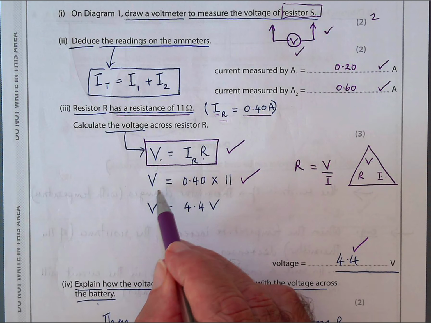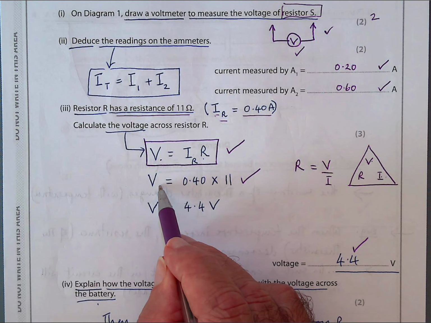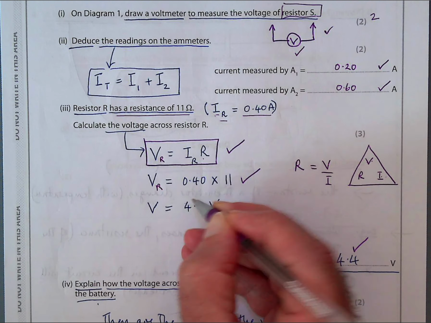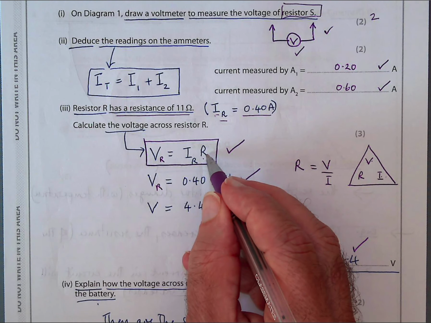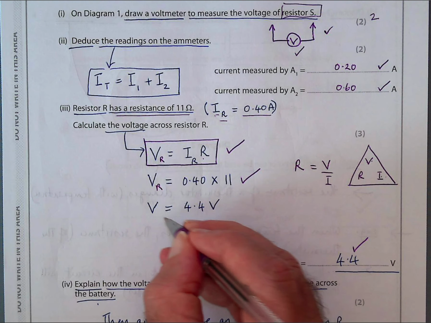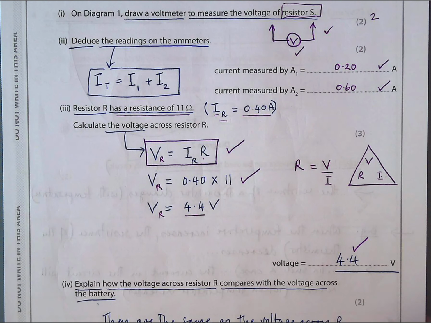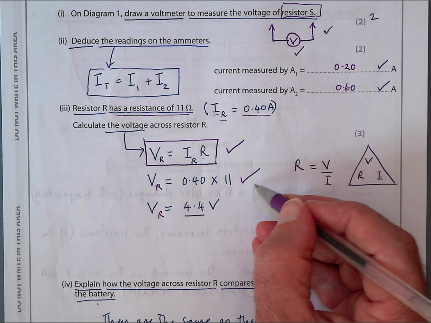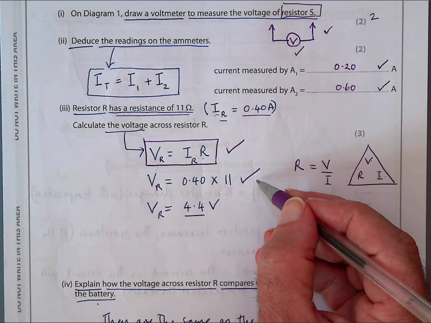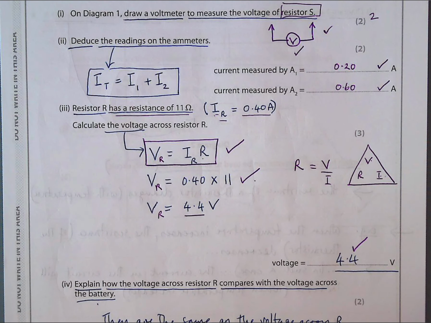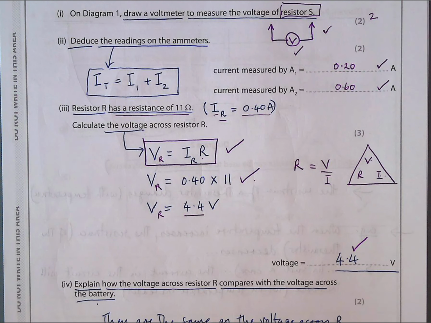So to work out the voltage across resistor R, you could put it there. Voltage across resistor R is equal to the current in R multiplied by the resistance of R. Okay, and that will give you 4.4 volts. So one for knowing the equation, one for putting the numbers in the right way around, and one for the answer and the unit's been given to you, 3 marks.